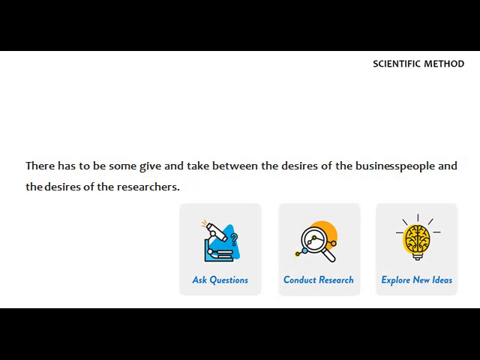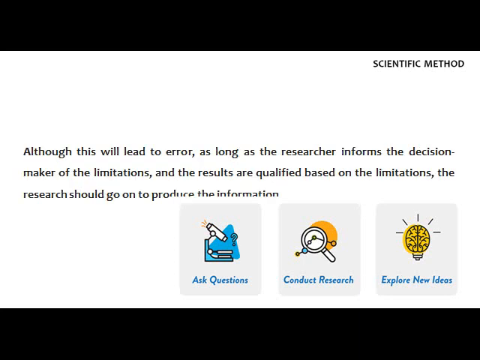There has to be some give and take between the desires of the business people and the desires of the researchers. Although this will lead to error, as long as the researcher informs the decision maker of the limitations, and the results are qualified based on the limitations, the research should go on to produce the information.